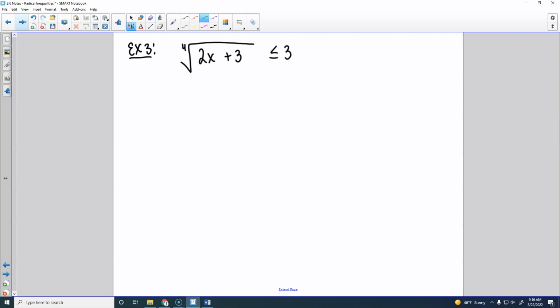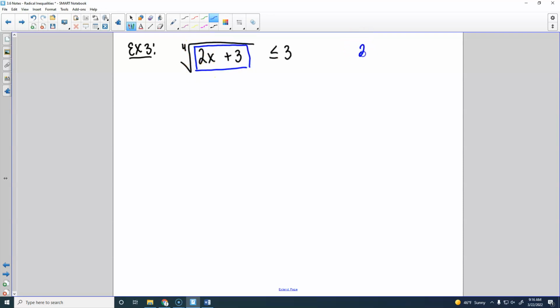But if we have a fourth root or a sixth root or eighth root, any root that has an even power, then we still have to consider the domain. If that were a cube root, we would not consider the domain because we can take the cube root of negative numbers, or fifth root, or any odd number root. But we do have to consider it here.